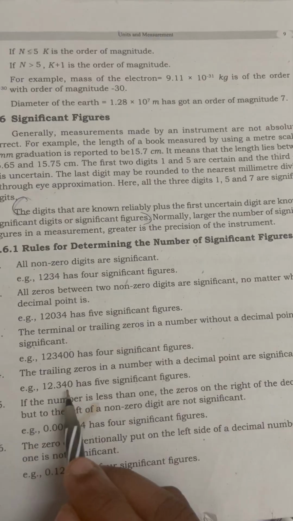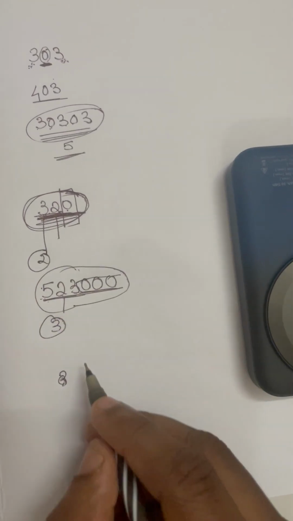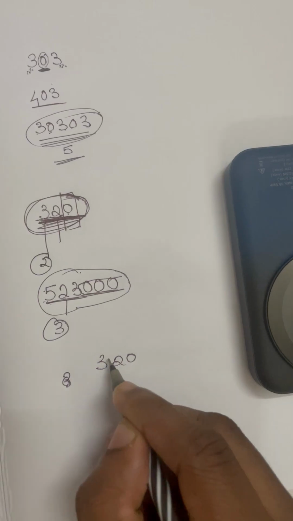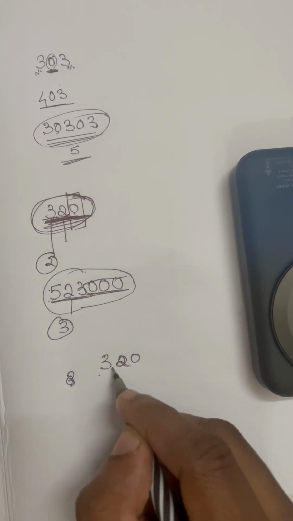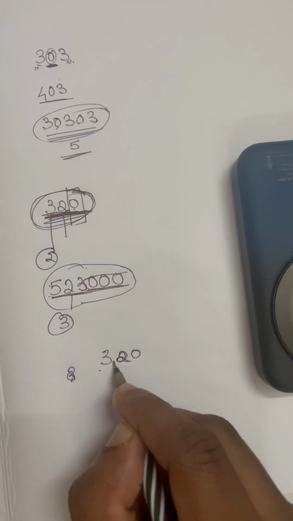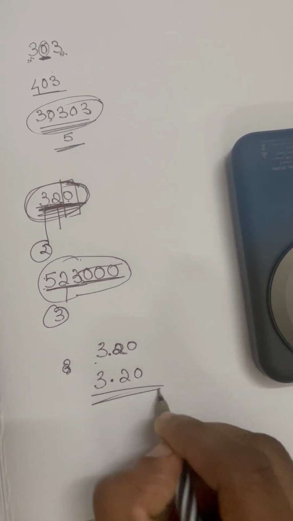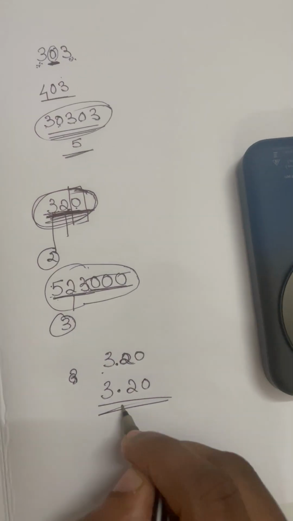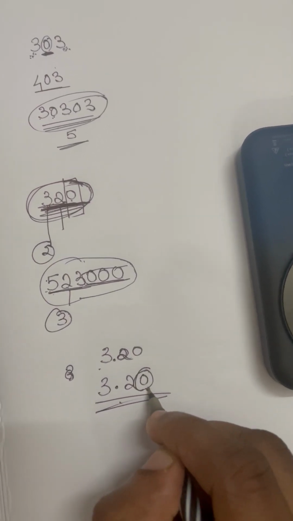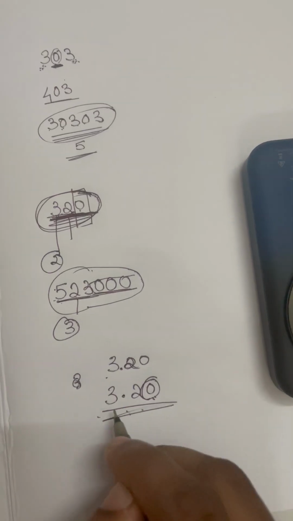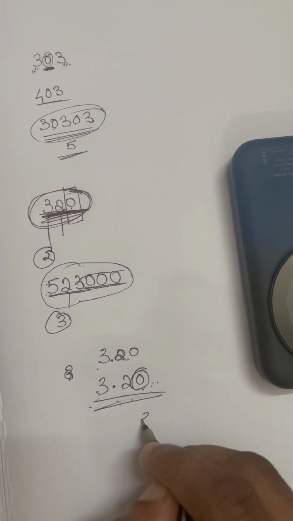We can check this number 320. At first we said the number has no decimal. Here we are talking about the case of a decimal: 3.20, not 320. In this case we take the last 0 also as a significant figure. So in this number we have 3 significant figures, 1, 2, 3.